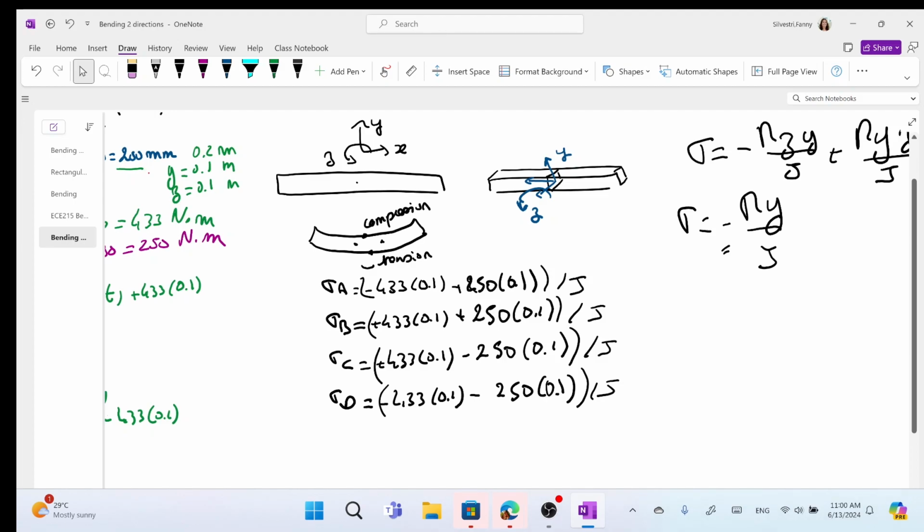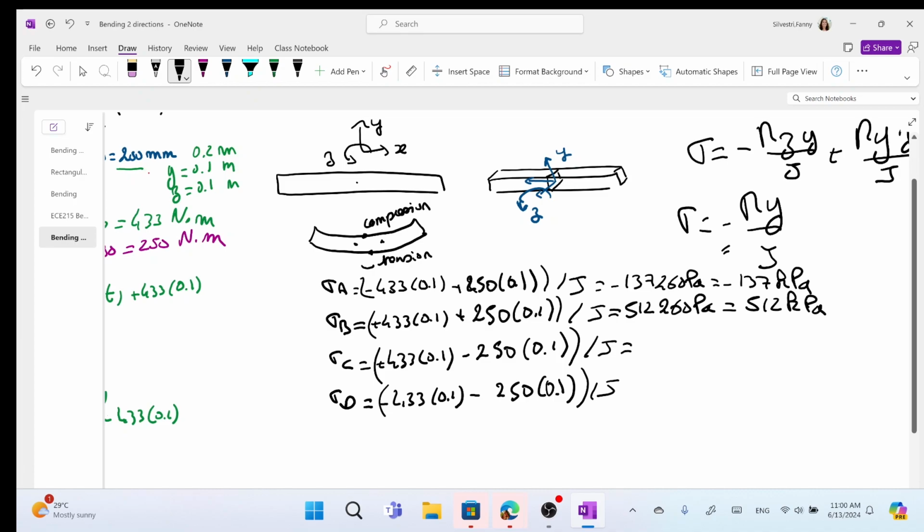Okay, we got minus 137,260 Pascal, that is equal to minus 137 kilopascal. Second one, we got 512,260 Pascal, that is equal to 512 kilopascal.